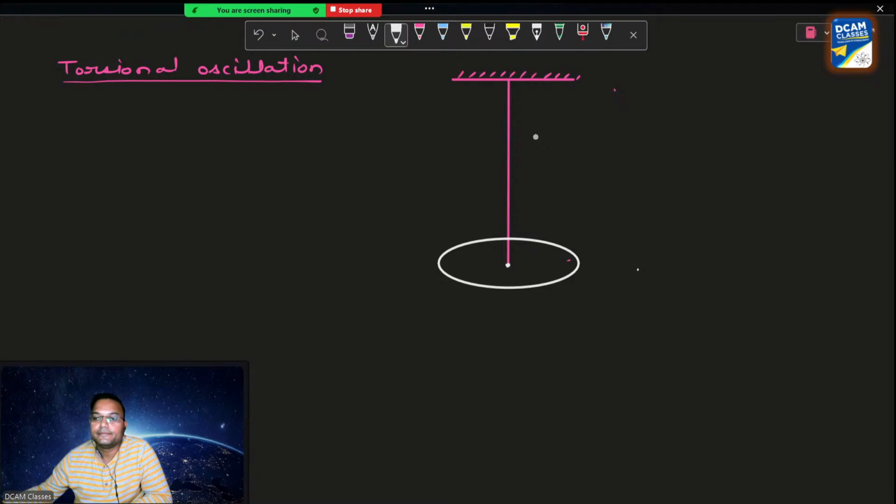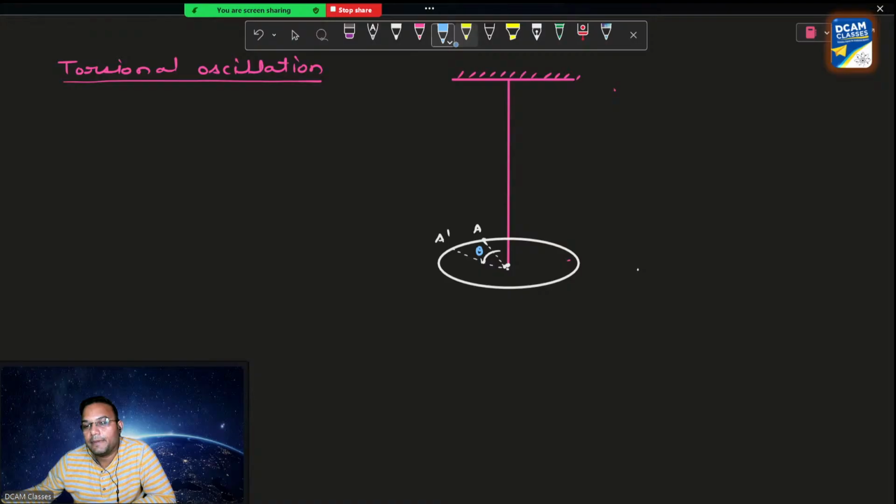Okay. Now what a torsion is: if I make a line, this is a point A, and if I try to rotate this, it will rotate to this point A dash by making some angle theta.